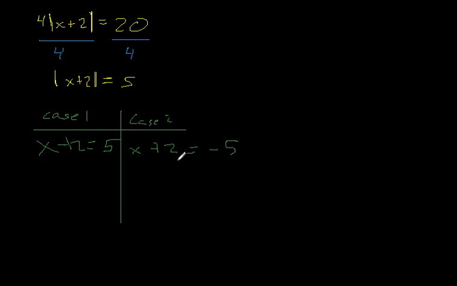Now you want to isolate the value of x, so you subtract 2 from both sides. Over here you get x equals 3, and over here, subtracting 2 from both sides, you get x equals negative 7.